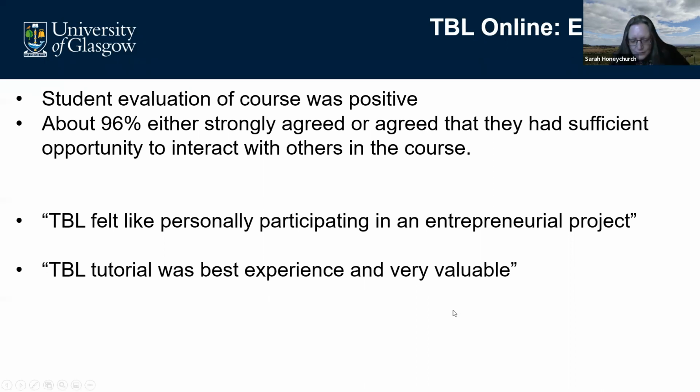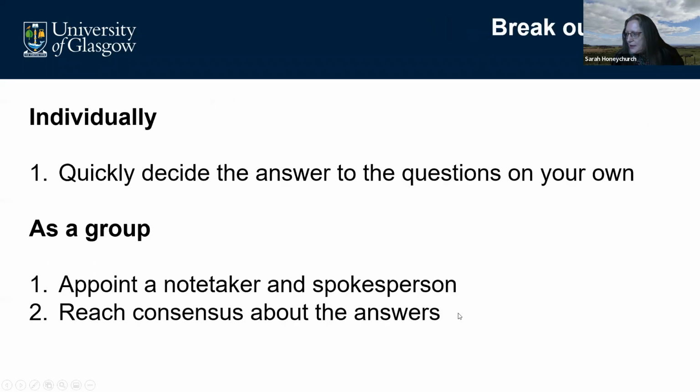So what we're going to do now is take you through some of the exercises. Hopefully, as long as I can work out how to do it, we're going to assign you to breakout rooms. We're going to give you 3 questions, and we're going to ask you to do the questions individually. That's the IRAT, the individual readiness assurance test.